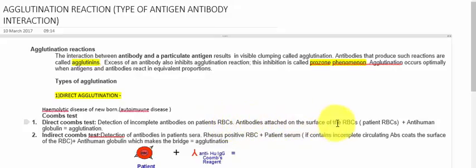Antibodies are attached on the surface of the RBC, then the patient RBC plus anti-human globulin forms the agglutination. In the indirect Coombs test, we detect antibodies in the patient serum. The Rh positive RBC plus the patient serum, if it contains incomplete circulating antibodies, coats the surface of the RBC, and adding anti-human globulin makes the bridge and forms the agglutination.